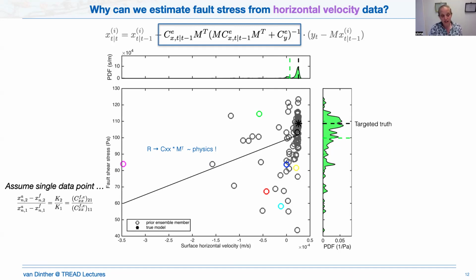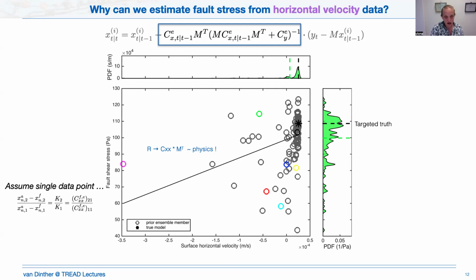So if you assume a single data point, that is still fairly easily doable because the covariance matrix is also fairly simple to calculate, and it's essentially just your least square fit of all these 150 models that you see. If you do a least square fit, you get that black line, which in this simple configuration is your covariance matrix, or tells you from the covariance matrix multiplied by the measurement matrix transpose how to update that purple model.